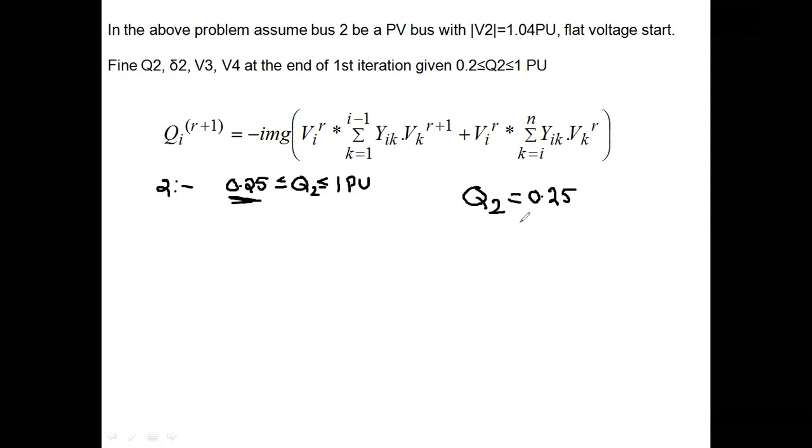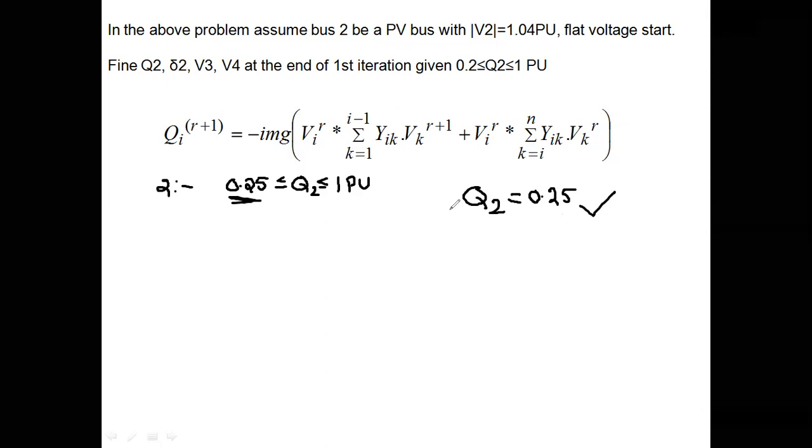So whenever this happens, obviously your PV bus has been converted to a PQ bus. You people are very much familiar with the calculations of a PQ bus. Just now we have completed the PV bus. Now we are going to have the calculations, and they have completely changed. Why?